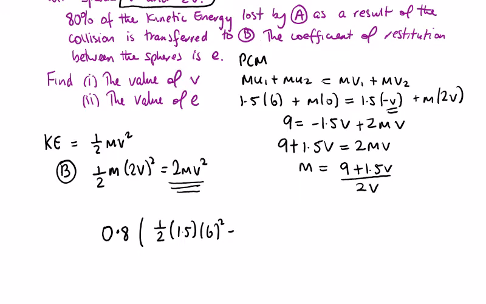So a half m by v squared, that's 80% of the kinetic energy lost by A. So we simplify this down: 0.8 by 36 by 1.5 divided by 2 is 18 by 1.5, which is 27, minus 1 over 2 by 3 over 2 is 3 over 4 v squared.